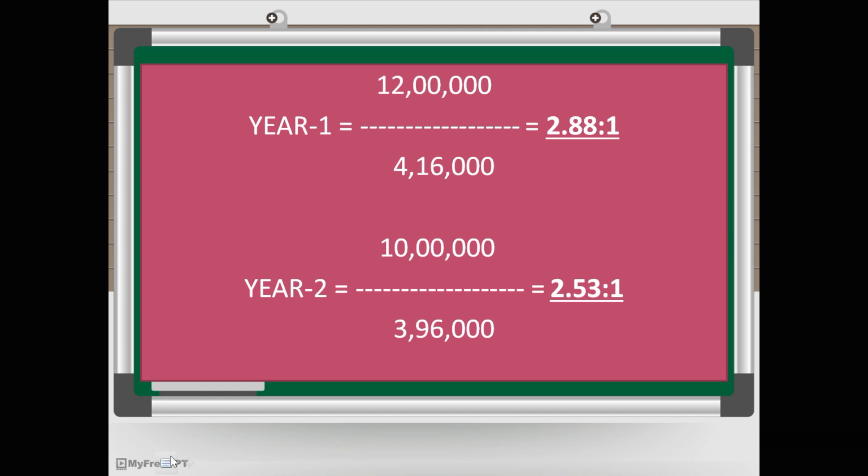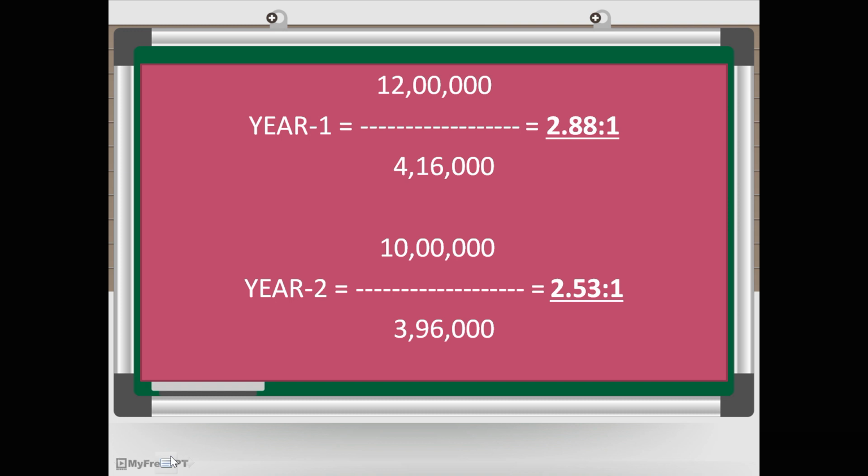In case of the first year, 12 lakh is the amount of sales, divided by fixed assets for the first year. In the first year, fixed assets are 4,16,000, right? So 12 lakh divided by 4,16,000, which is 2.88:1.